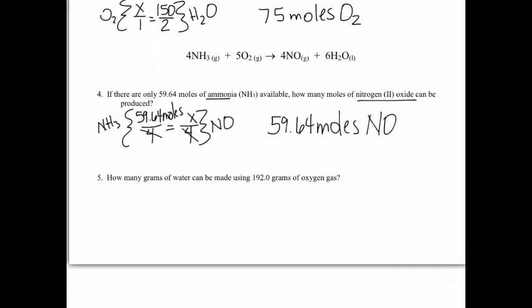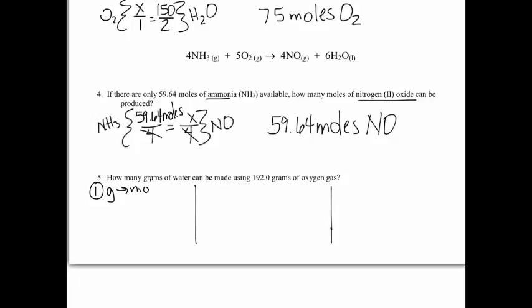Next question. How many grams of water can be made using 192 grams of oxygen gas? For this one, I would suggest, and you can do this each time, the hardest thing we can do is ask you to do 3 steps in your equation. The first step would be going from grams to moles.